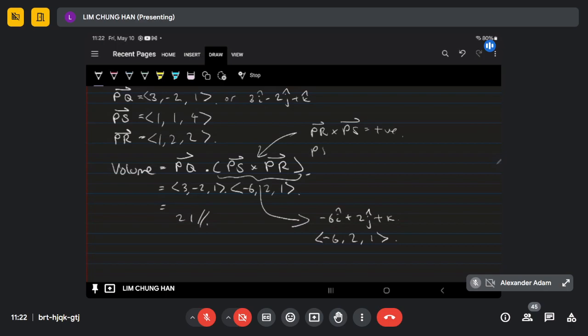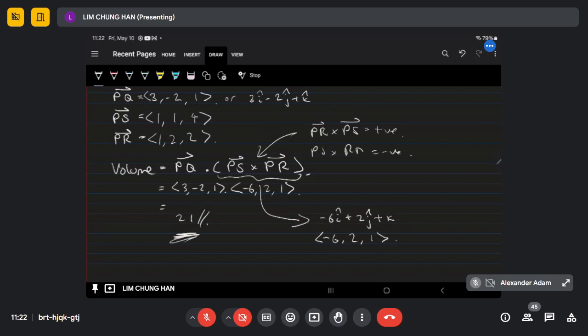But if you do PS cross PR, you may get a negative answer. Doesn't matter whether you get positive or negative. If you get positive, you stay with positive. If you get negative, you turn it into positive because volume has to be positive. But the important point is the number is 21. Whether it's negative or positive, it has to be 21.